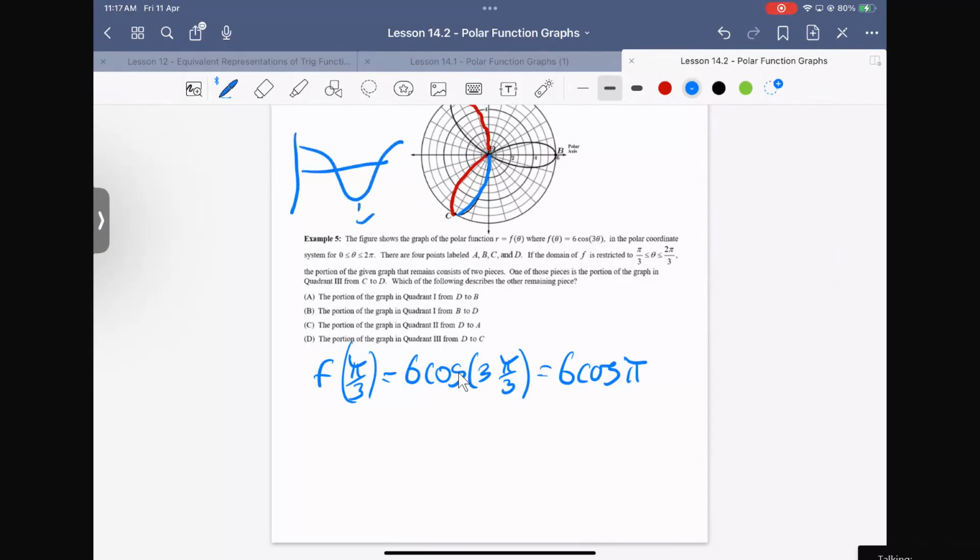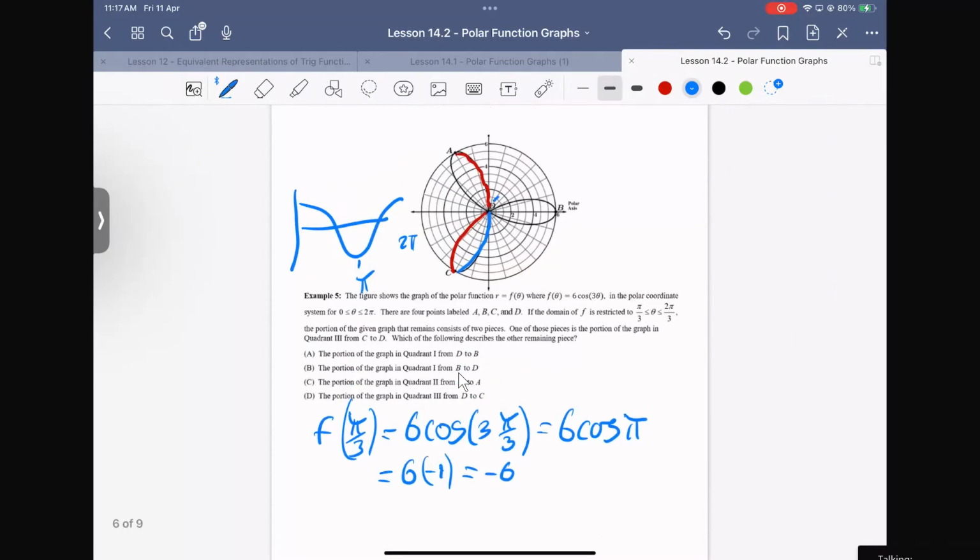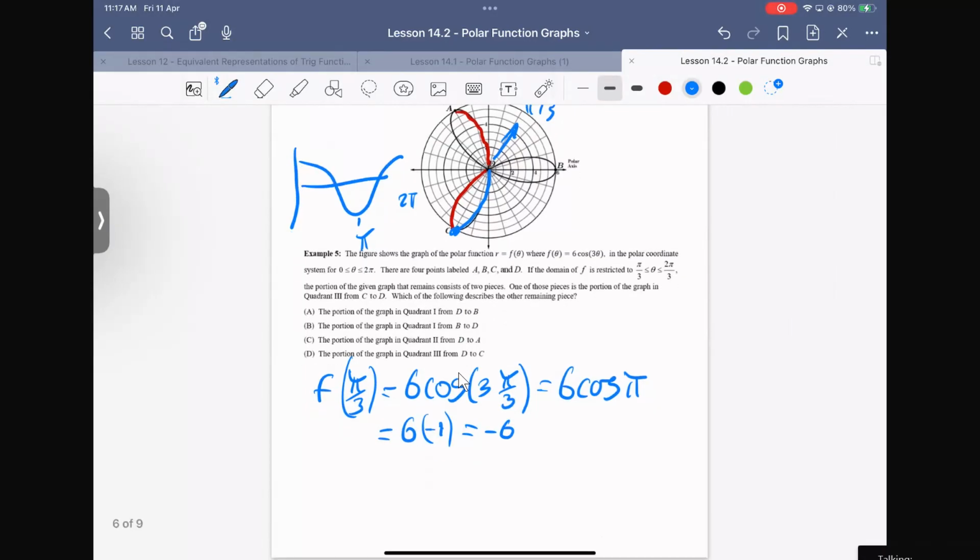I think that's pi, isn't it? This is 2 pi. So this is going to be 6 times negative 1, which is going to be minus 6. So when we are pointing in this direction at pi over 3, we want to be at -6. So that's this coordinate here.